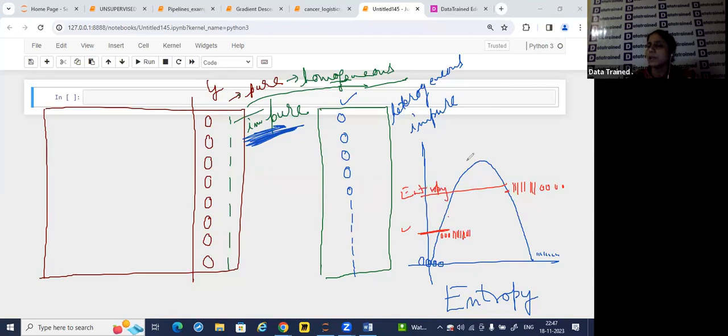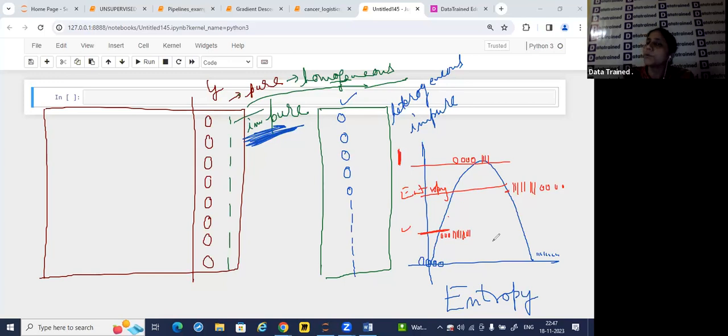But if my data set has an equal number of the categories, like four 0s and four 1s, I will say my entropy is 1. So entropy means mixture of data, impurity of data.